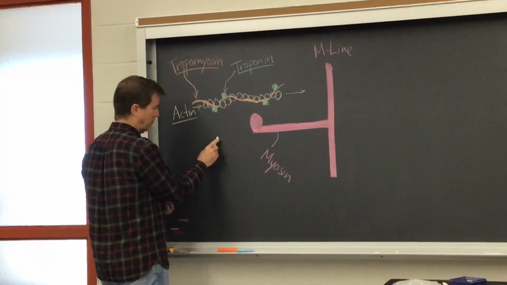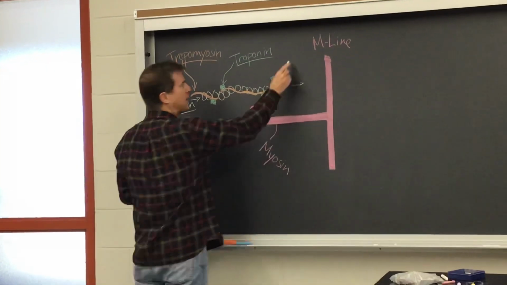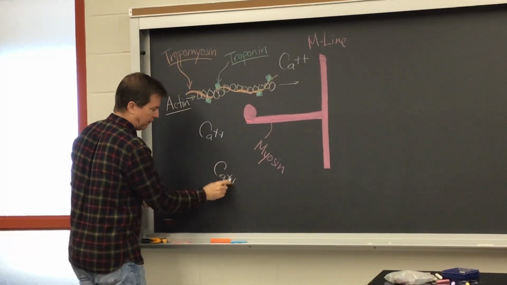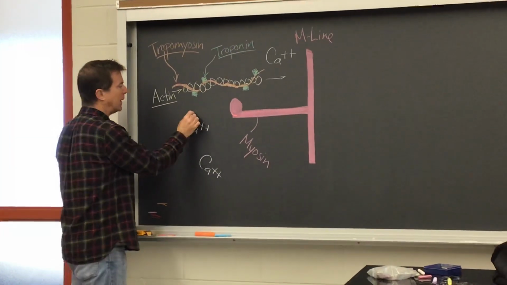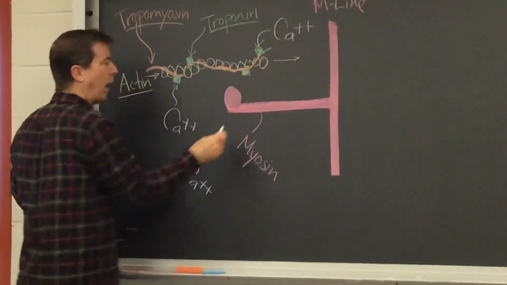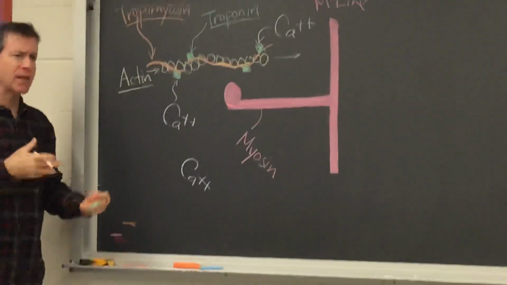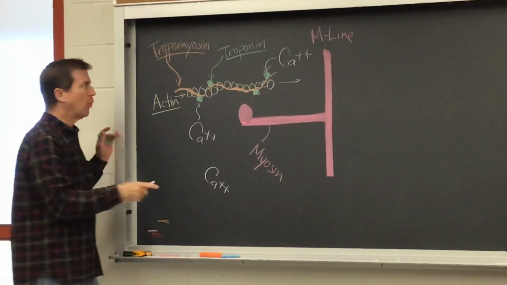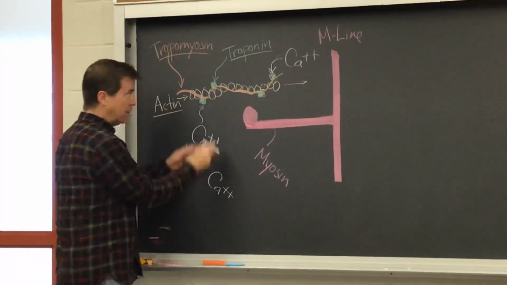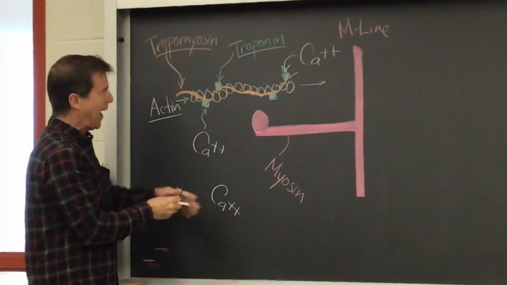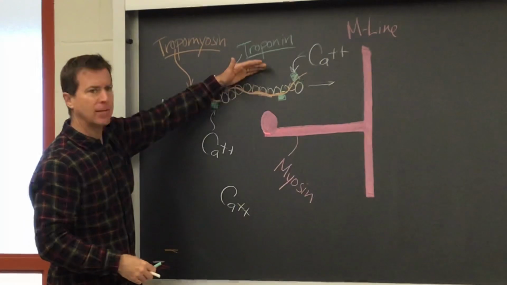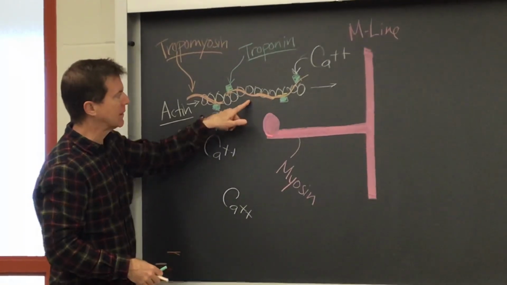Calcium that flooded the inside of the cell in our last picture binds with troponin. Usually in the human body, when things bind together, they change shape. So we get a physical binding of calcium ions to troponin. This whole complex changes shape, and tropomyosin is literally lifted off of actin, exposing these binding sites.